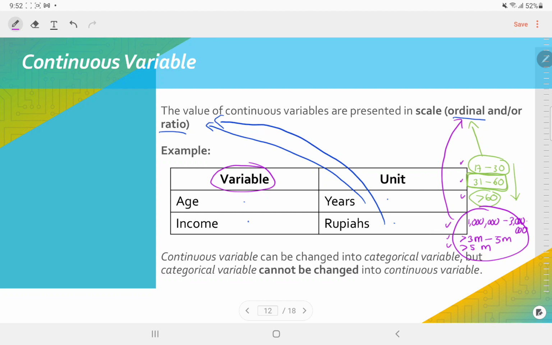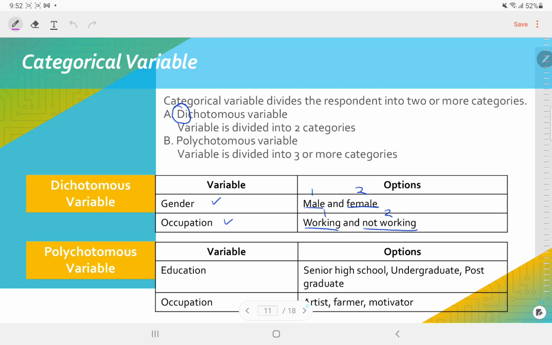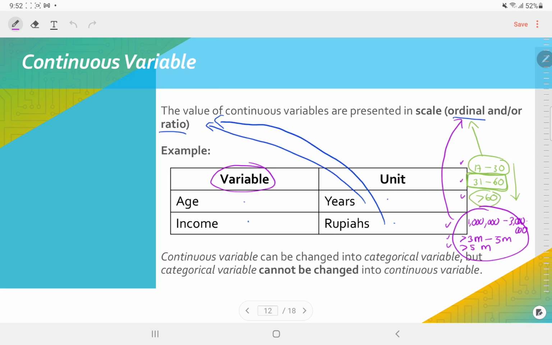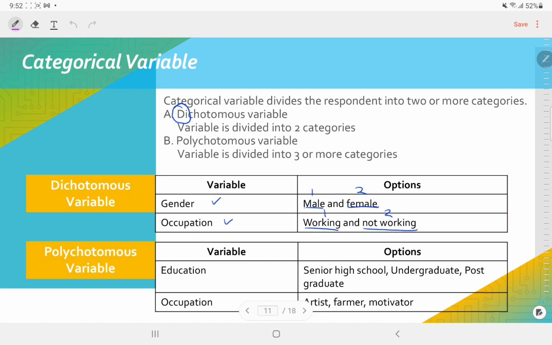And here we have some very necessary information. Continuous variables can be changed into categorical variables. But categorical variables cannot be changed into continuous variables. I'm sure that you still remember this one. I will show you once again.